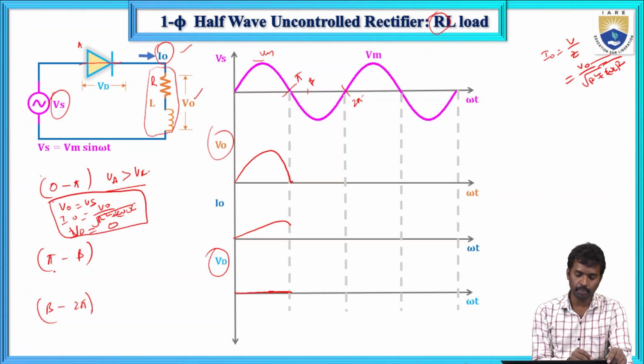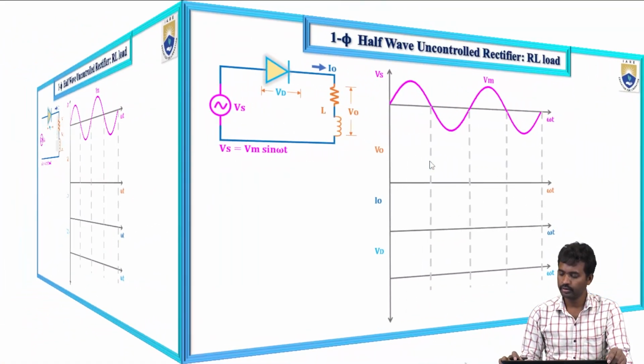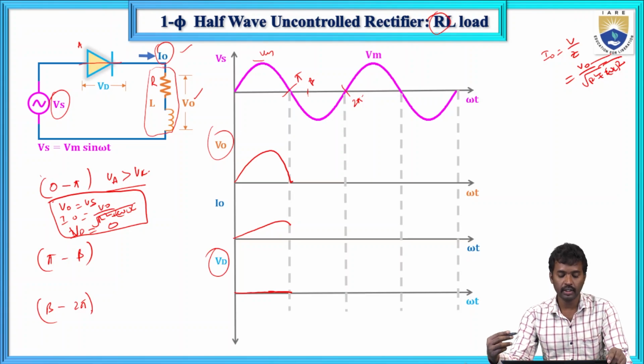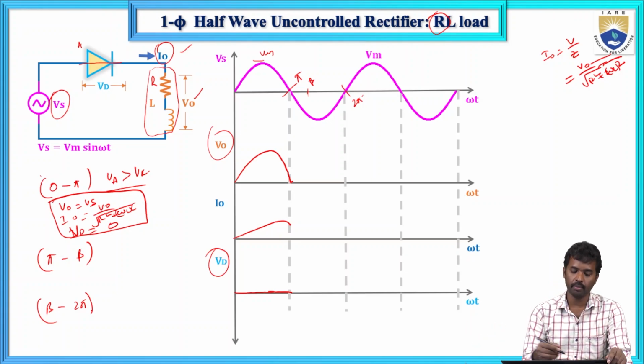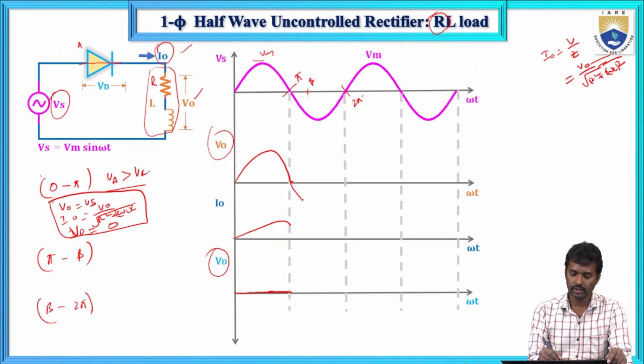Now from pi to beta, the inductor stores energy in the form of a magnetic field, and that energy comes back from the load to the source. So in this case, from 0 to beta, it also conducts, and the current is discharging.